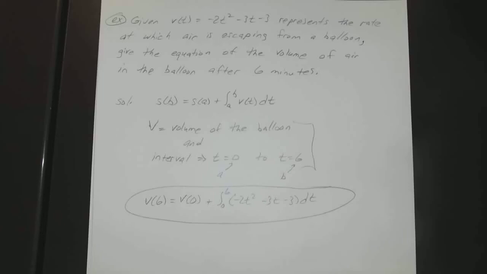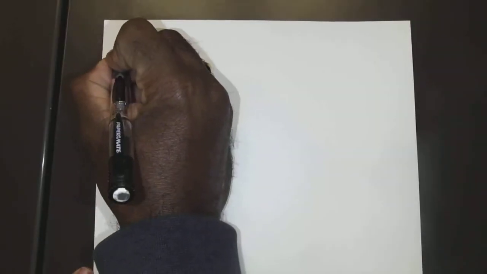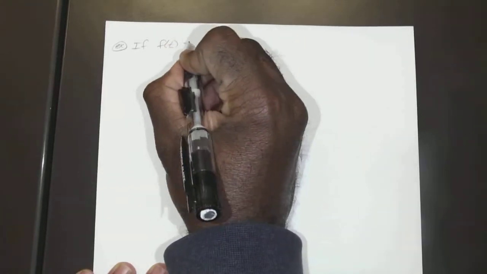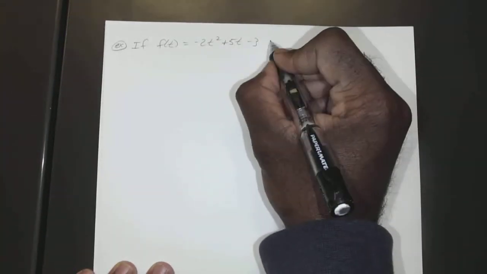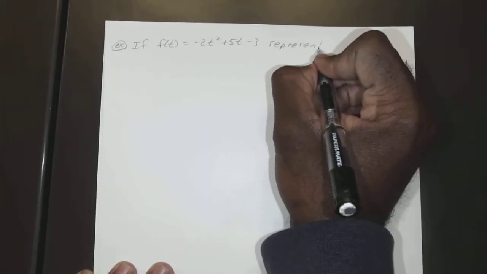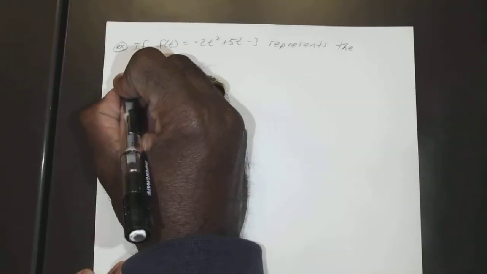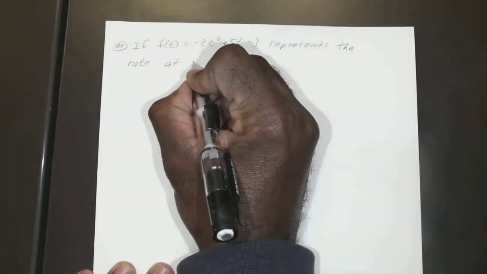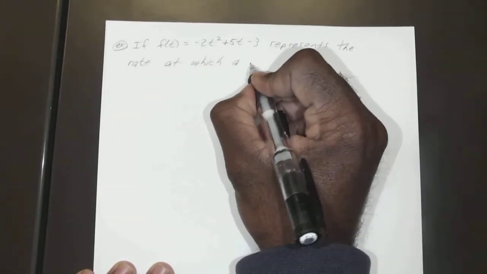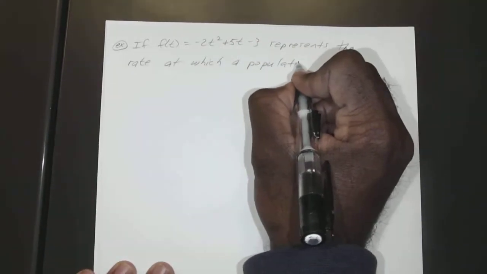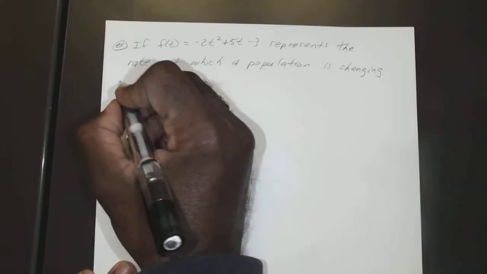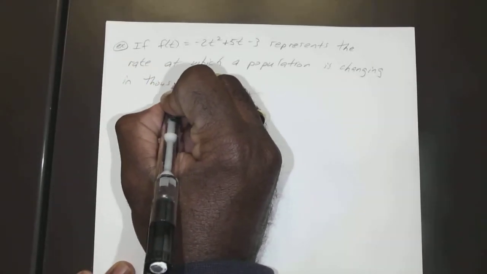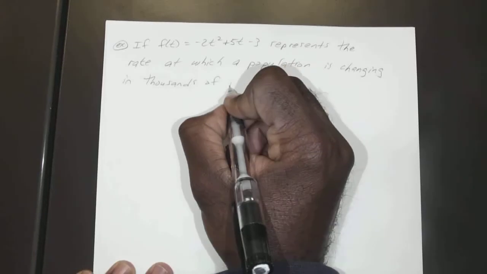Okay, so for the next example, say f of t equals negative 2t squared plus 5t minus 3 represents the rate at which a population is changing in thousands of people per year.